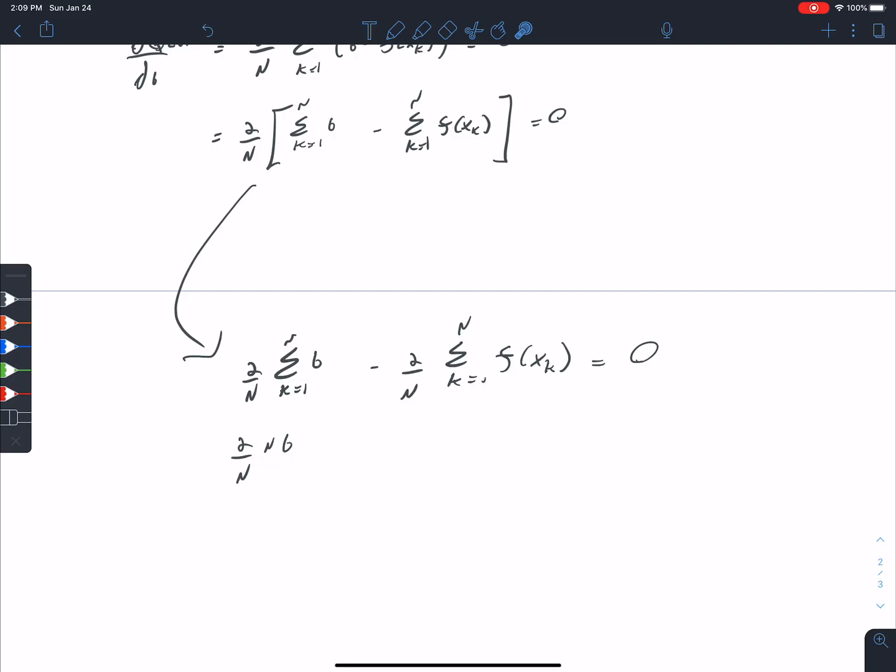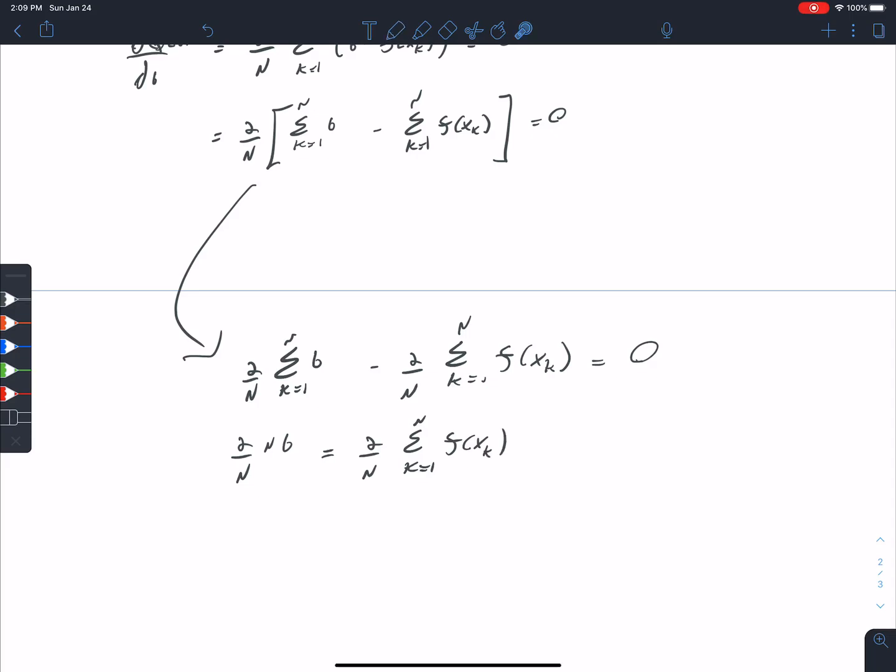And I'm going to move this guy to the other side, so a minus becomes a plus, and this is going to be equal to 2 over n sum over k equals 1 through n f of xk.